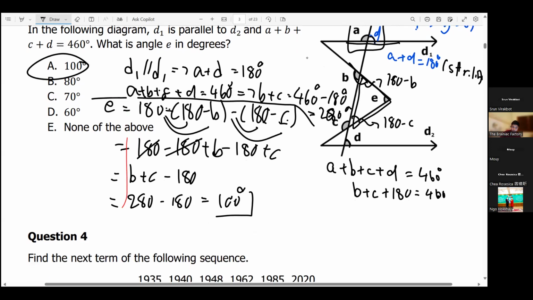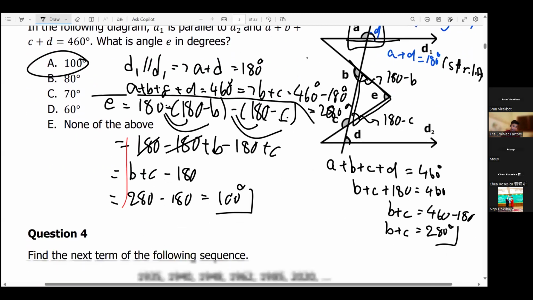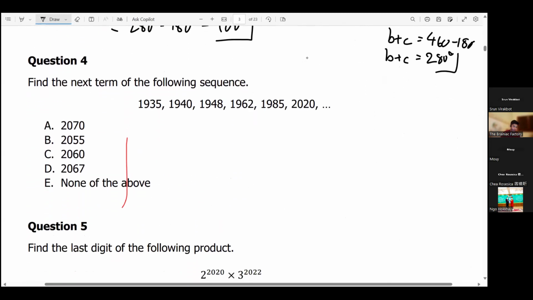And you can move 180 to the other side, and you'll get B plus C equals to 460 minus 180, and you'll get B plus C equals to 280. Okay, so I suppose everyone has understood that question, and we'll move on to the next question.